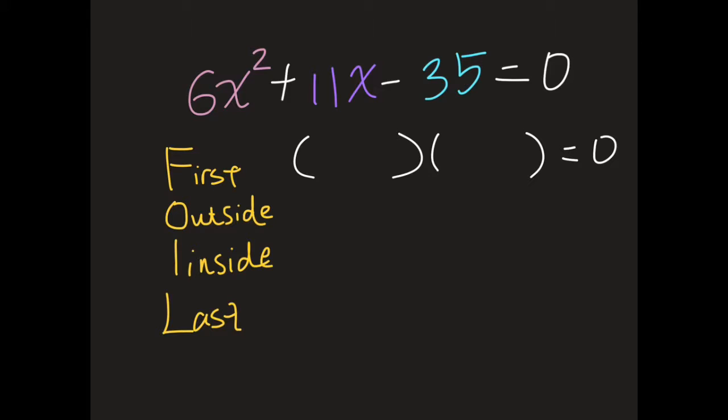Okay? So that means you will end up with a form of x to some kind of power plus or minus a constant, and x to some power plus or minus another constant, b.